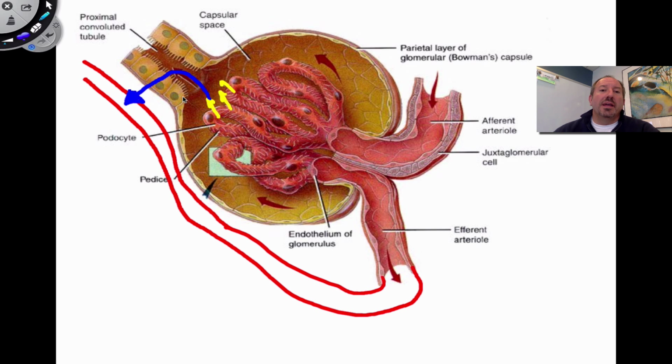The thing about it is, if you know a little bit about biochemistry, you'll know that what I was listing before in the glomerular filtrate, such as sodium ions and chlorine ions and potassium, all of those electrically charged molecules, and glucose and amino acids, do not just simply cross the phospholipid bilayer of cells.